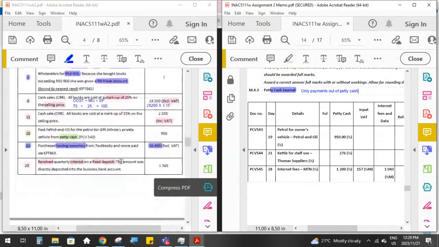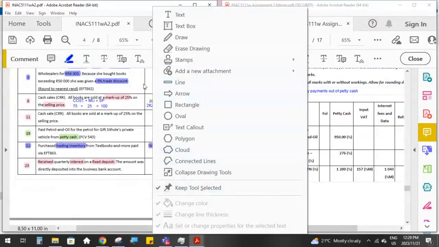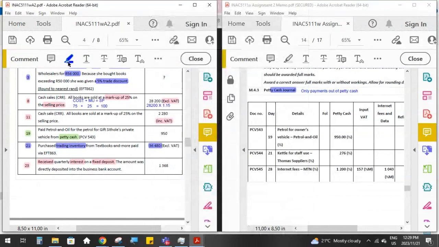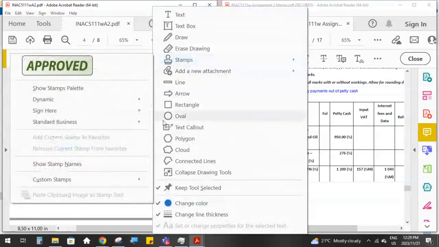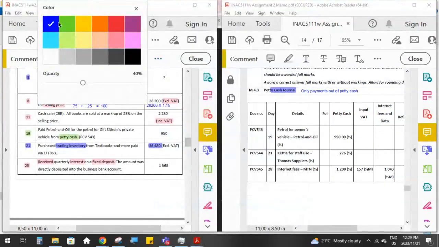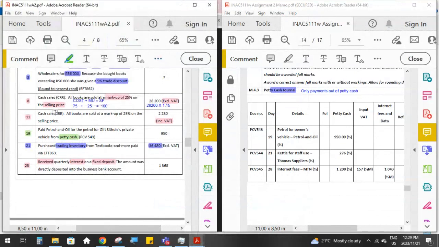So we paid petrol. Sorry, let me go back here. Let's get the green for petty cash. We paid petrol of 950 Rand, but this petrol was for Gift's private vehicle, not her business car, her own private little Mercedes SLK.